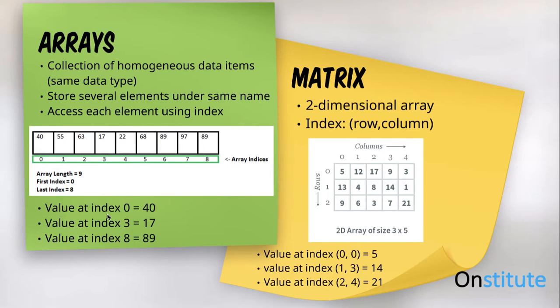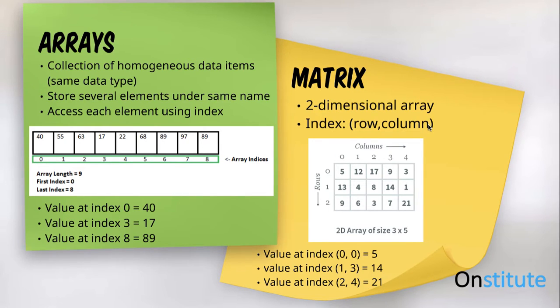The value at index 0 is 40, as you can see here. The value at index 3 is 17, and the value at index 8 is 89. So that is the broad overview of an array.